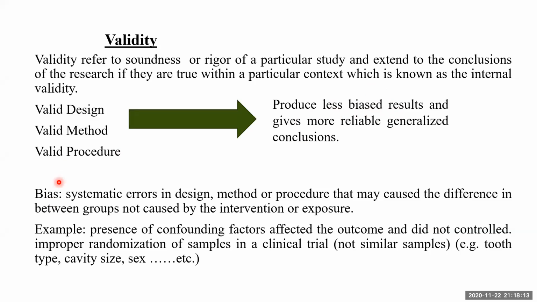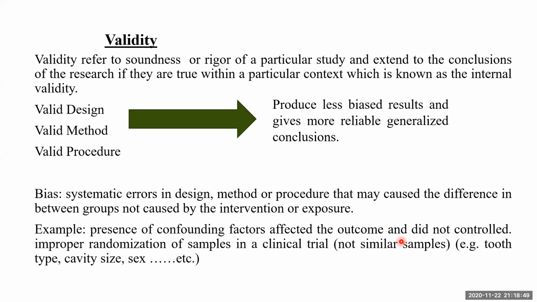What is the bias? The bias is a systematic error in the design or method or procedure that may cause a difference between the groups. This difference is not caused by the intervention or the exposure. An example of this is the presence of a confounding factor that affected the outcome. For example, we have two groups of subjects, one group with an intervention and the other group without an intervention.